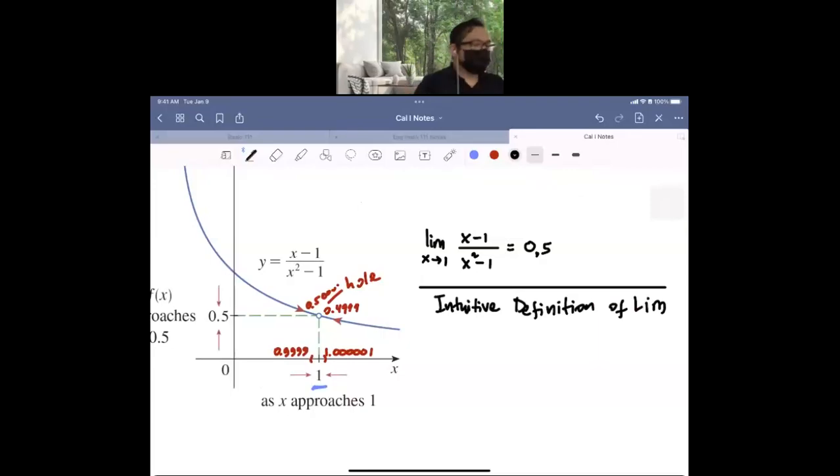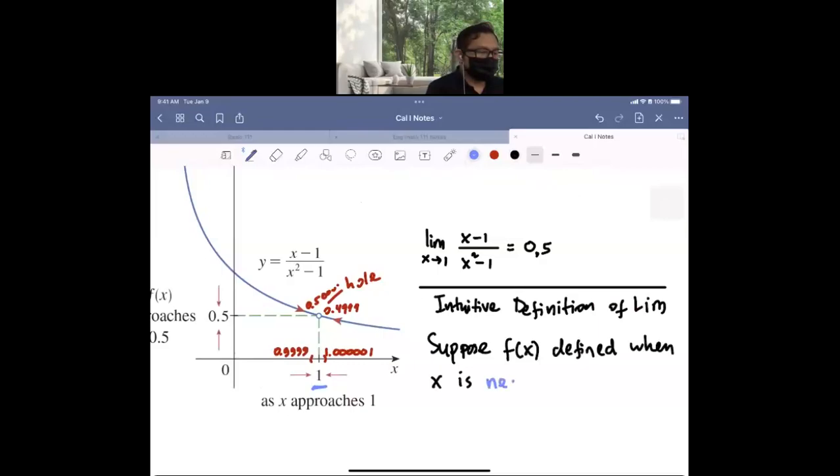Okay, so we can just say that suppose the function is defined when x is, now the keyword is near, near a number, let's say just a, just to say it in general.